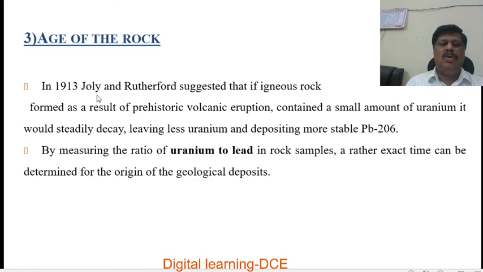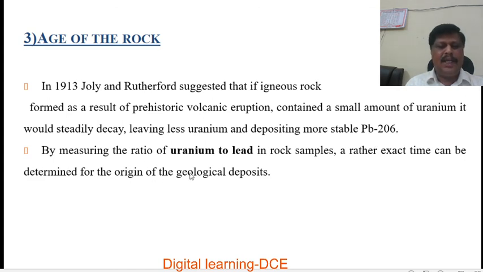Rutherford and Jolly in 1913 suggested that if igneous rock formed as a result of prehistoric volcanic eruption contained a small amount of uranium, it would steadily decay by emitting the radioactive rays, leaving less uranium and depositing more stable lead-206 isotope.